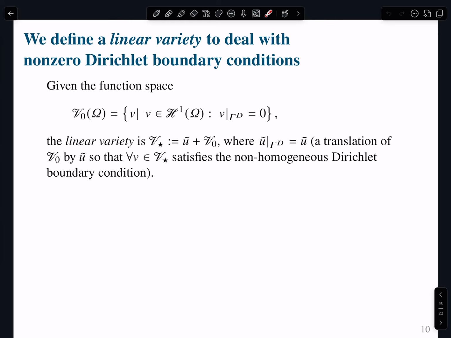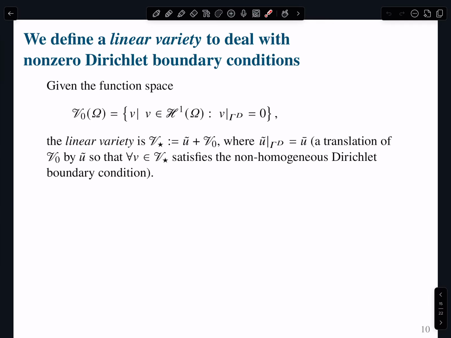The linear variety is simply, I take this space, which is really a big set of functions, and I translate every function in that space by that other function u tilde. So it's essentially a translation of an entire space by some u tilde function that we know satisfies a priori the essential boundary condition.